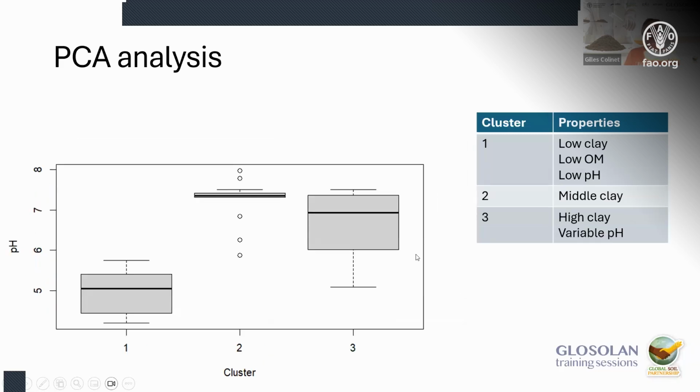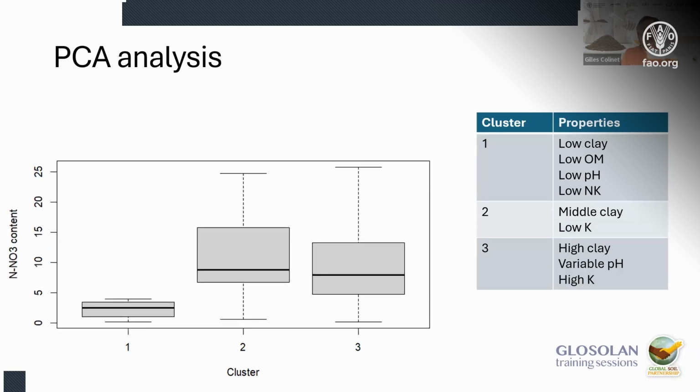If I look at the pH, again, these two are not so different, except that maybe the group 3 is more variable, and you see that the pH of the first group is low. So in this first group, low clay, low OM, low pH, so probably low fertility.